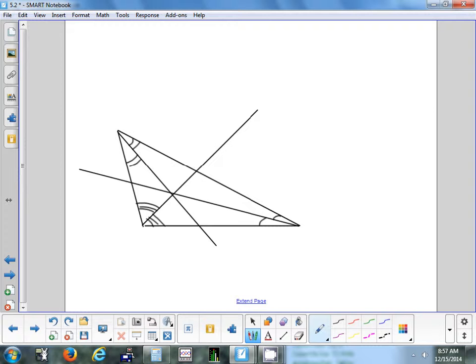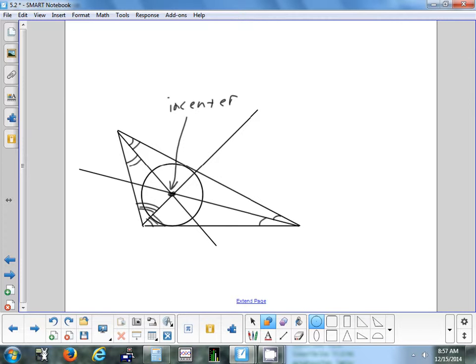That's the in-center. And the reason I know is because it's where all the angle bisectors cross, and I know because of the way you labeled it that they're angle bisectors. And now if you sketch your circle, depending on how good of a sketch you made, it should be the center of the biggest circle that just fits inside there. Mine was a little bit off, but that's the basic idea.